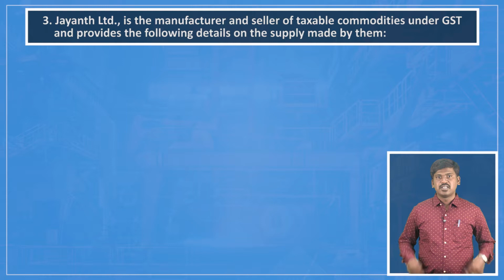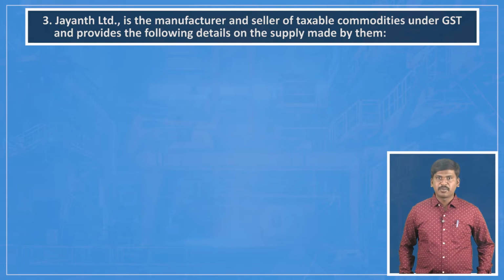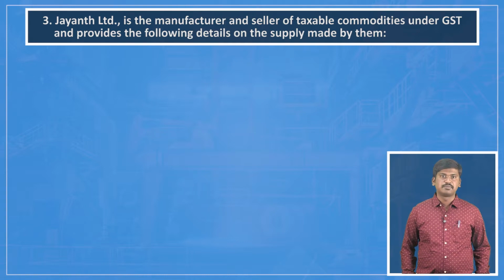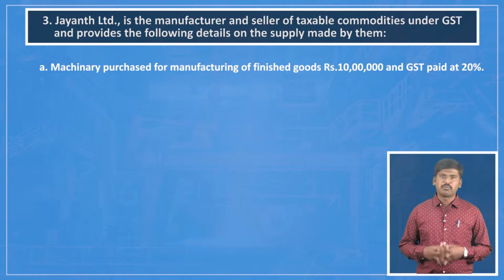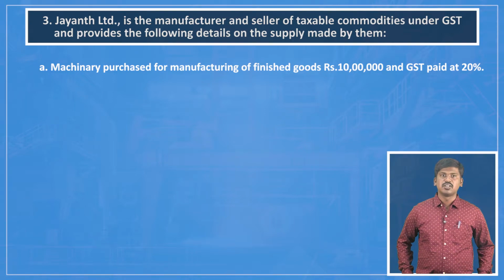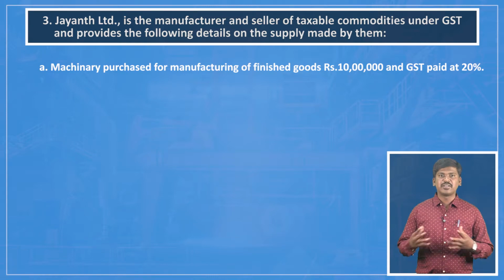Illustration number 3. Giant Limited is the manufacturer and seller of taxable commodities under GST and provides the following details on the supply made by them. Number 1, machinery purchased for manufacturing of finished goods rupees 10 lakh and GST paid at 20%.